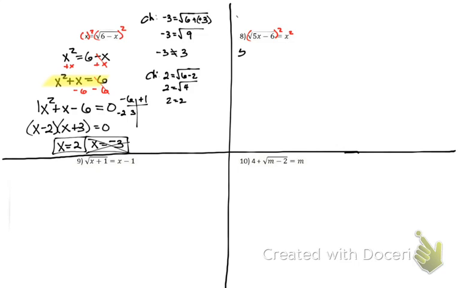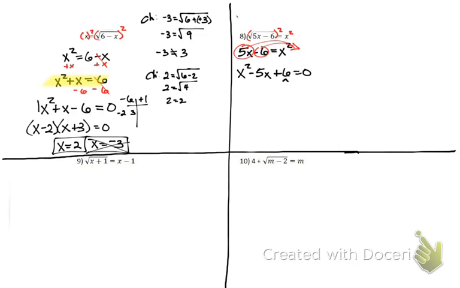I'm going to get 5x minus 6 equals x squared. I want to try to keep a positive x squared, so I'm going to move both of these terms over here, which changes their signs. So I'm going to have x squared minus 5x plus 6 equals 0. I think this one will factor.